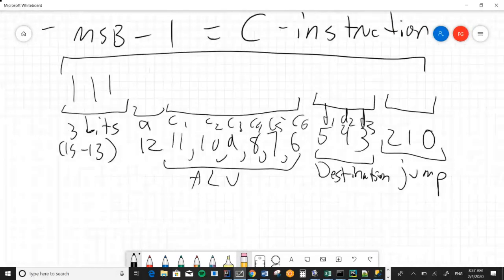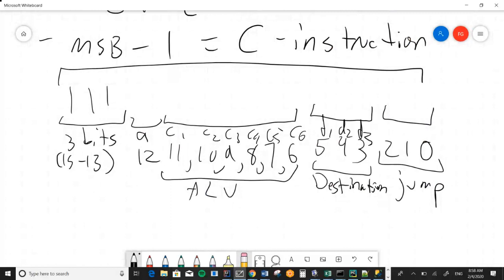Now, there are a lot of fun emergent properties from this that enable you to do some desirable things. For instance, let's say you want an unconditional jump. Well, you set all 3 of these to 1. That way, it jumps if it's positive, if it's negative, or if it's 0.